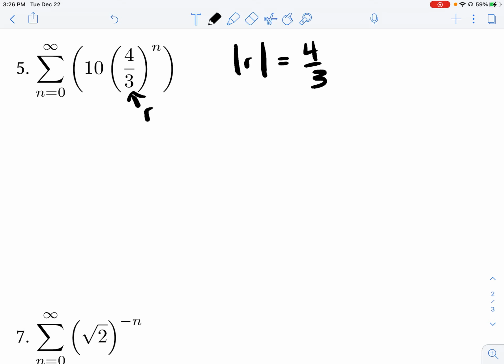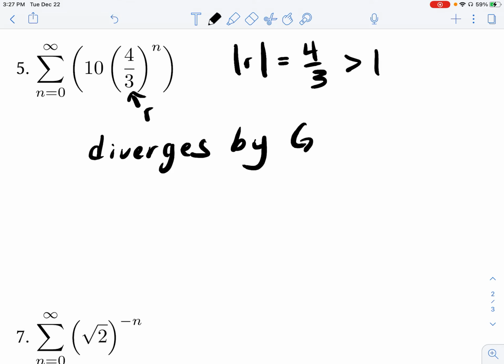Now, what do we notice about this? Well, our common ratio here is greater than 1. Because the absolute value of our common ratio is greater than 1, we can just say right away that this series diverges by the geometric series test.